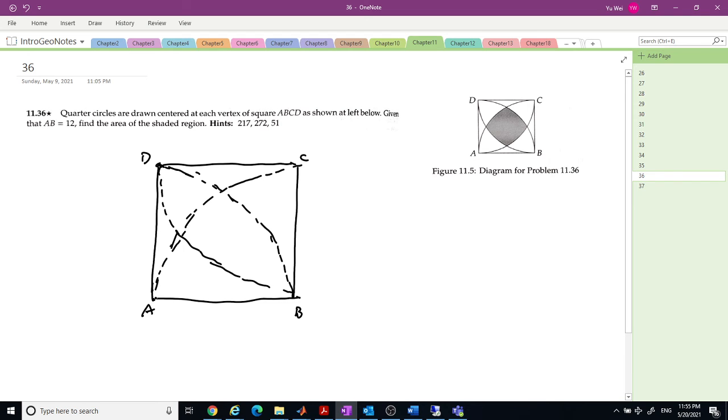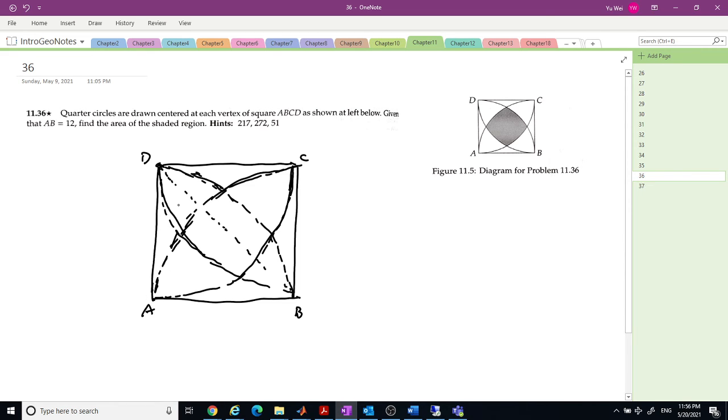So there is a lot of symmetry in this picture, right? If you draw the line, you can see the symmetry, right?